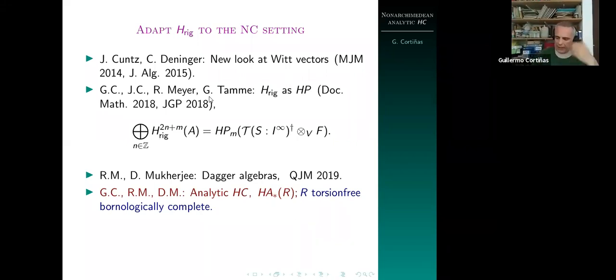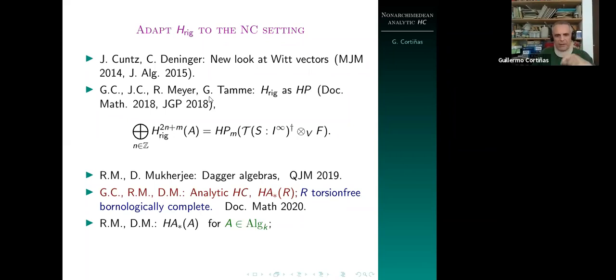And then just this year, Ralf and Dev uploaded a paper on analytic cyclic homology of algebras over a field of characteristic P, which has all the nice properties that one would wish for.